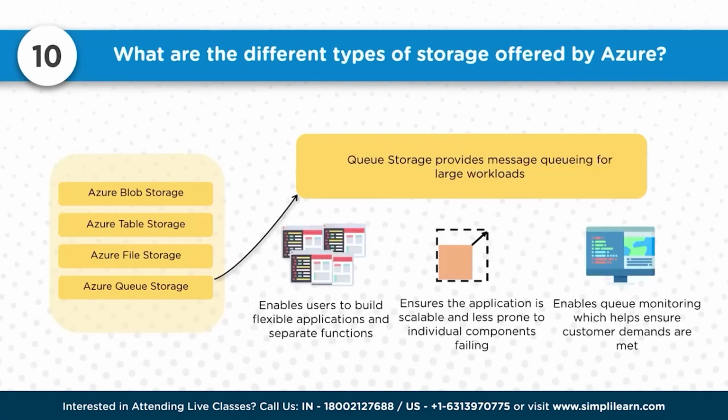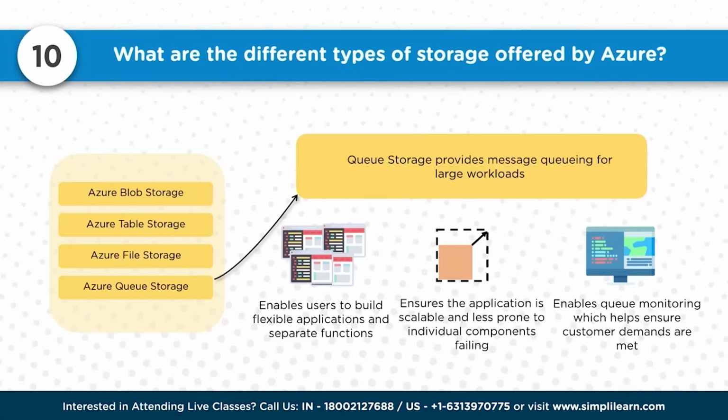And then we have Azure Queues. It's a messaging store for reliable messaging between application components. We spoke a little about this in the previous question. So Azure Queue Storage is a service for storing a large amount of messages that can be accessed from anywhere in the world via HTTP or HTTPS protocol.